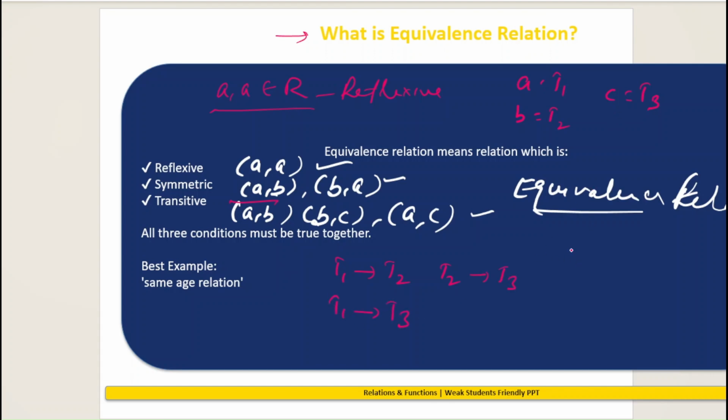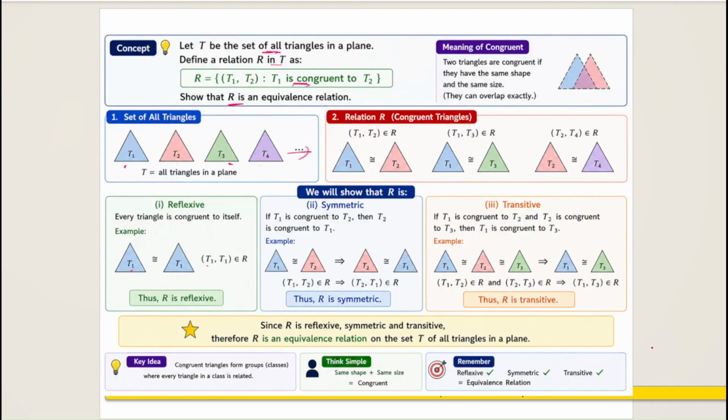So (T1, T2) and (T2, T3) belong to the relation R, hence (T1, T3) also belongs to R. The condition of transitive is: if T1 is congruent to T2 and T2 is congruent to T3, then T1 is congruent to T3. Such a relation is transitive. Hence we have proved that the relation is reflexive, symmetric, and transitive.